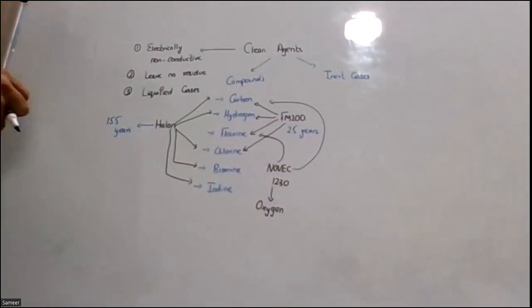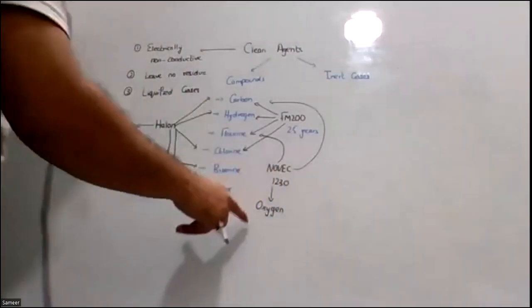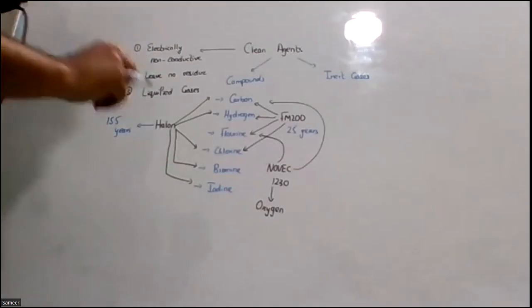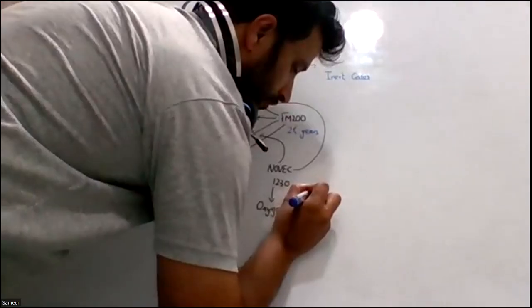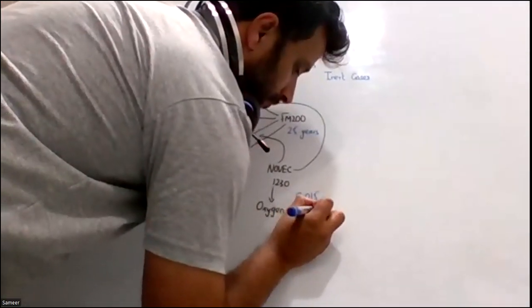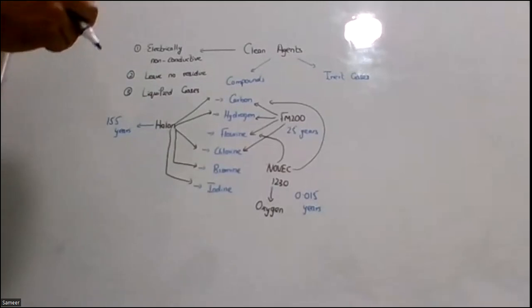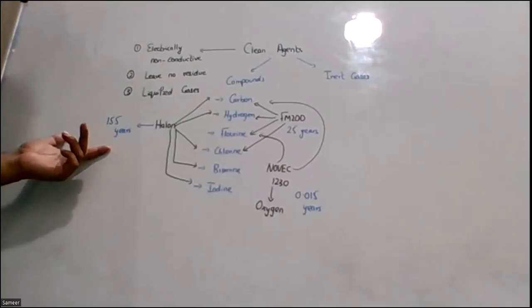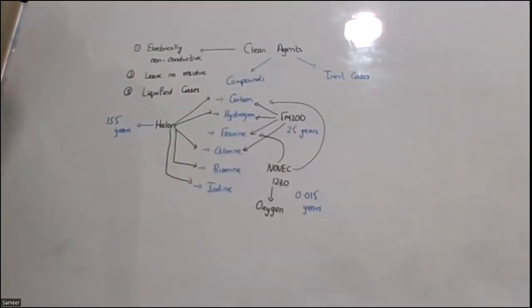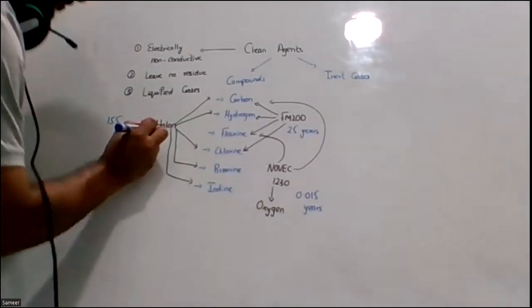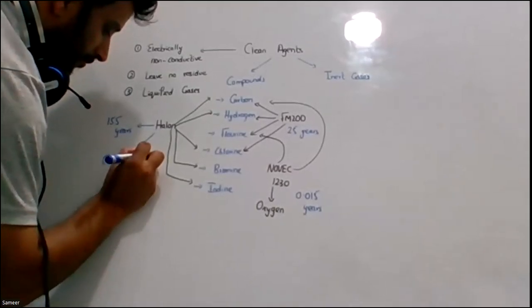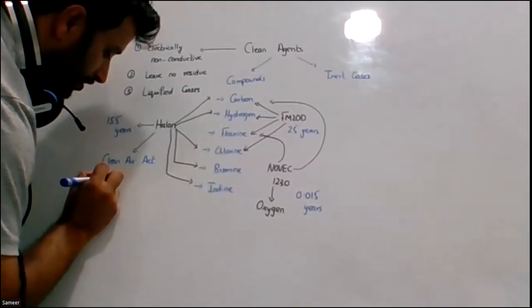Novec, on the other hand, because it has one atom of oxygen along with fluorine and carbon, remains in the atmosphere for only 0.015 years. Halon is banned by the EPA, regulated overall under the CAA, the Clean Air Act, and the Environmental Protection Agency.